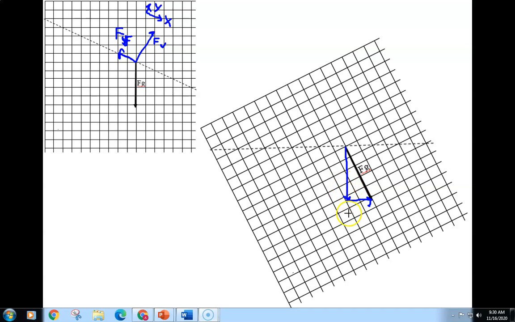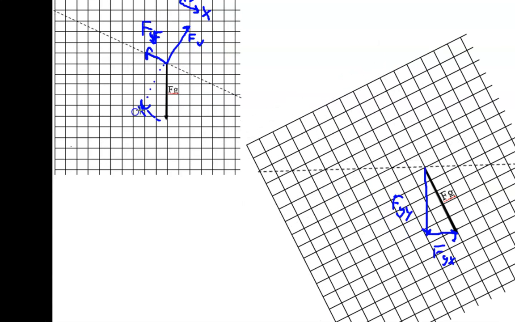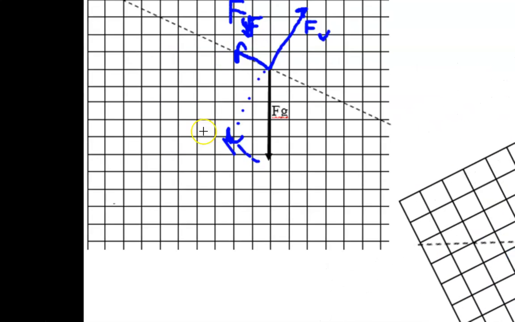So I've got a force of gravity in what we consider the x direction, because we said x is down the hill. And we've got a force of gravity in the y direction, which we said is perpendicular to the hill. Okay, so if I were to draw this on this picture, it would look oh no, now it zoomed in.